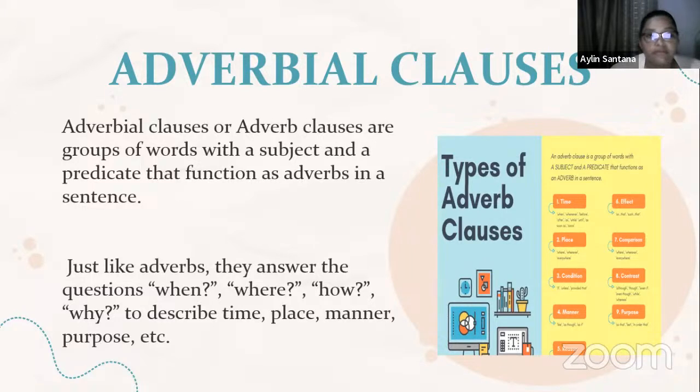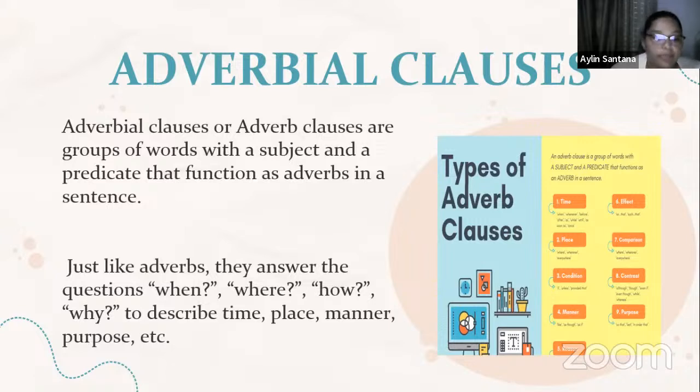An adverbial clause is a dependent clause that modifies a verb, adjective, or adverb in its sentence. In other words, an adverbial clause or adverb clause is a clause that does the same thing as an adverb. An adverbial clause is a group of words that together function as an adverb.